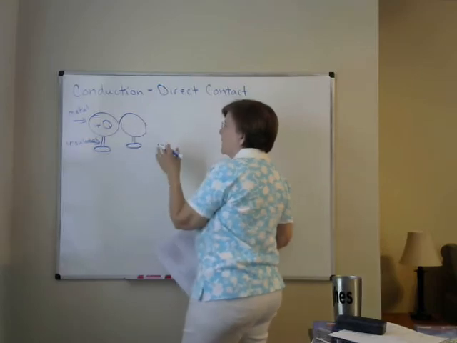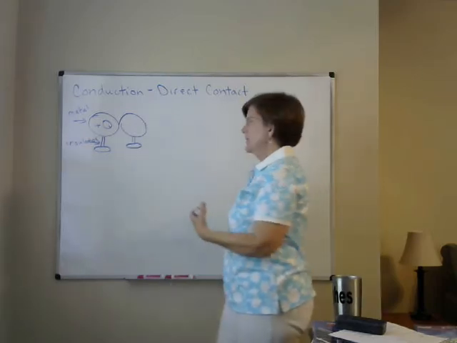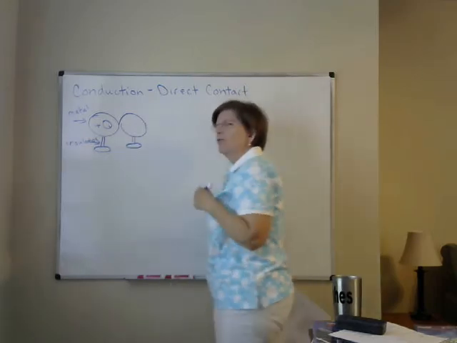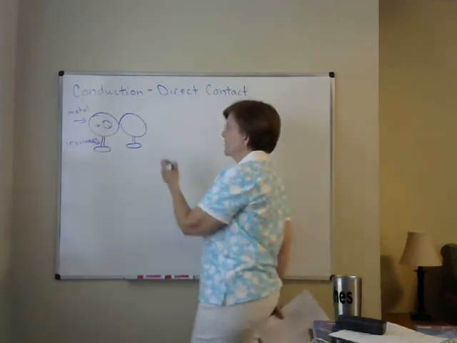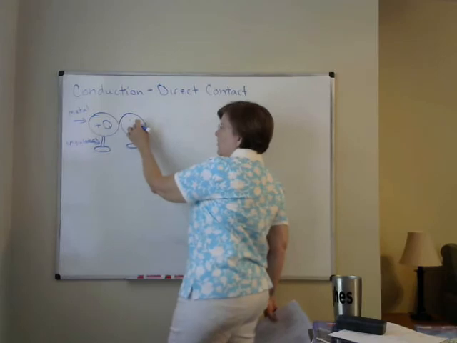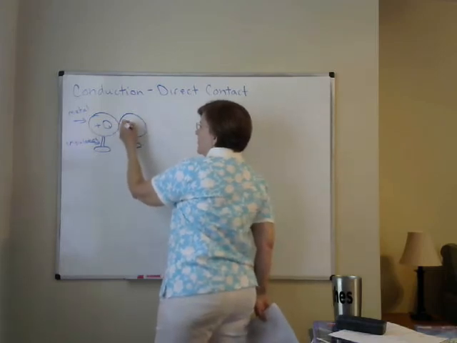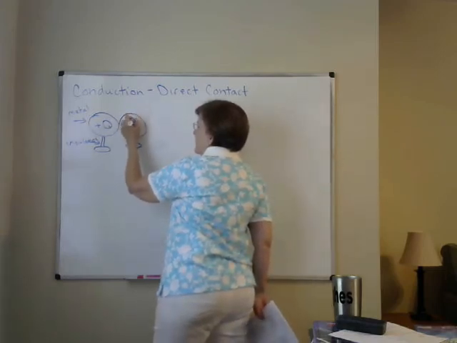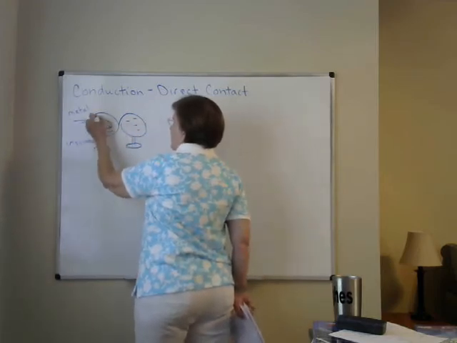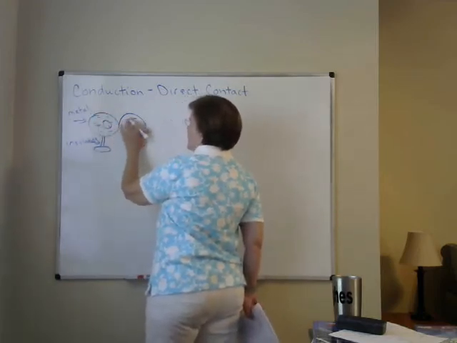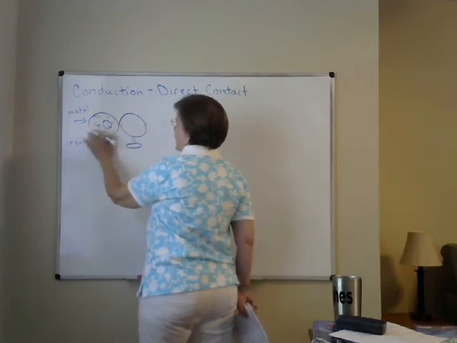well, the charge is going to redistribute. Notice positive charges can't move, but electrons can. If this is a metal sphere, electrons from over here are going to go over here. Remember, the electrons are going to try to spread out, as far apart as they can.